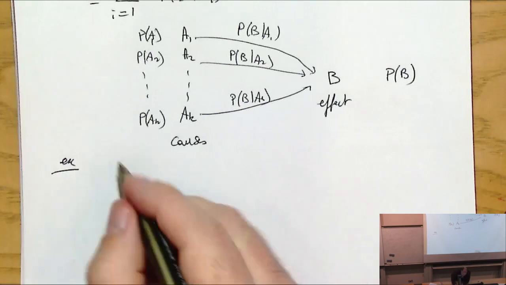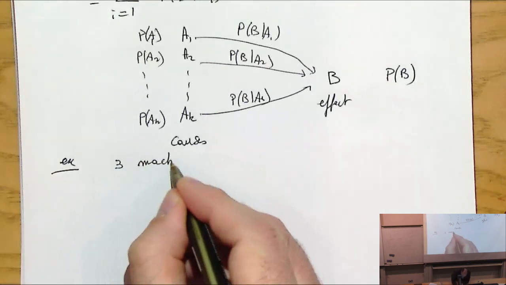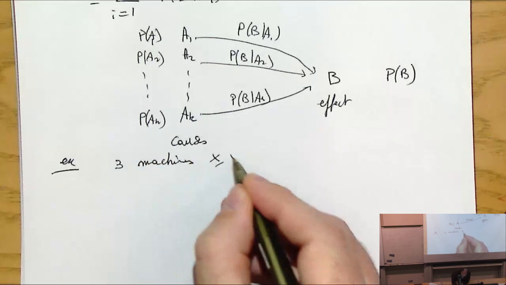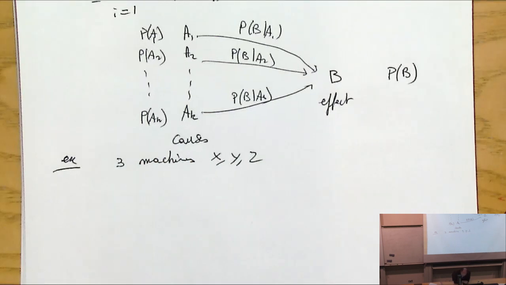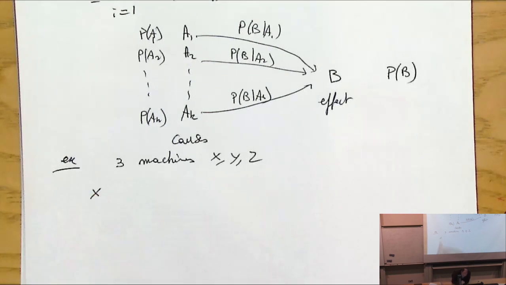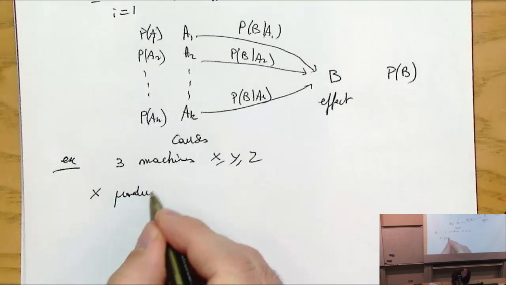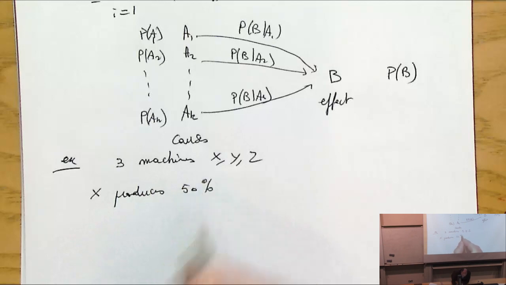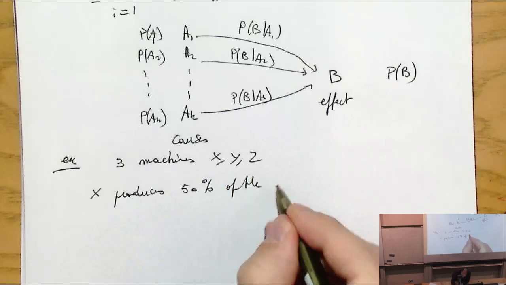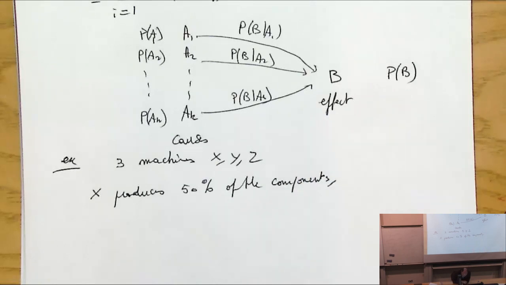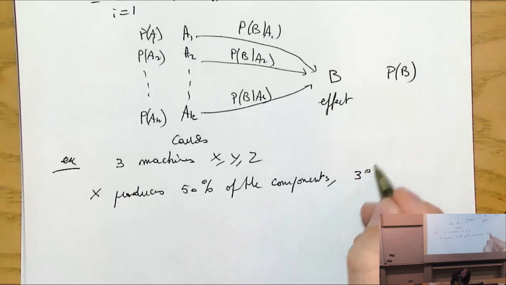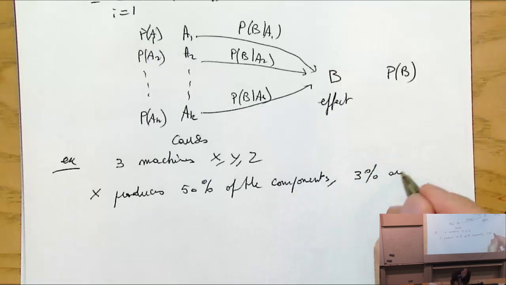So we have three machines denoted by X, Y, Z, and they produce some components. And what we are told is that machine X produces 50% of the components, and out of those components, you know that 3% are defective.